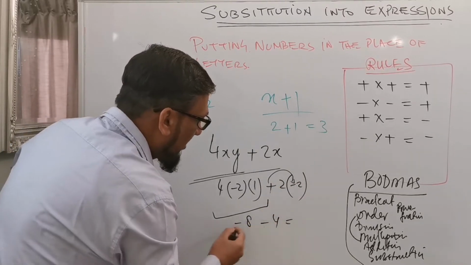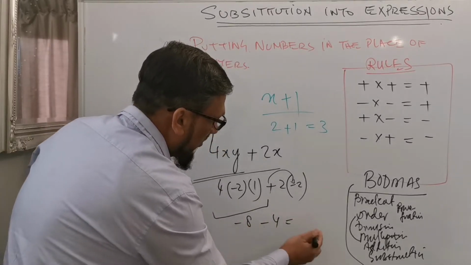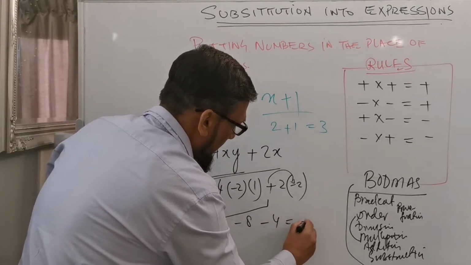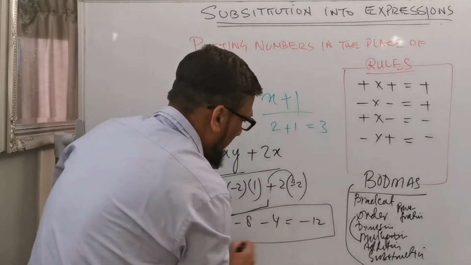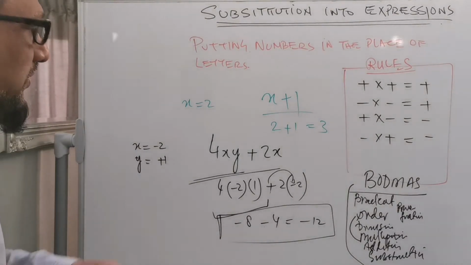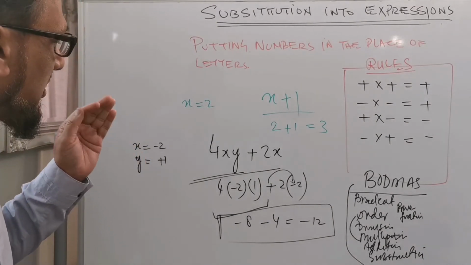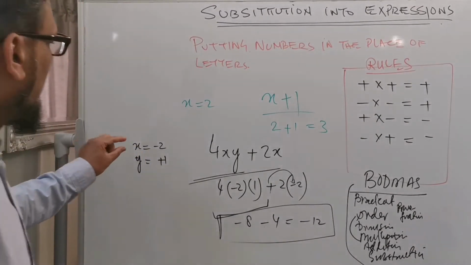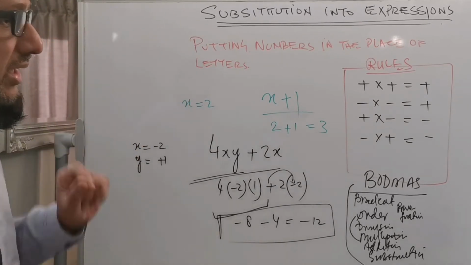So your final answer is 8 plus 4, which is 12, and the sign will be minus. So before substituting, keep in mind the positive and negative values which are given in a question.